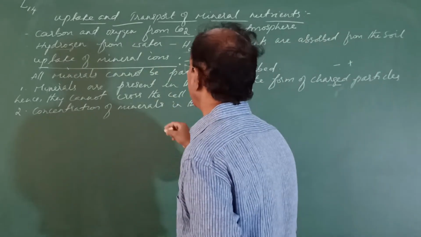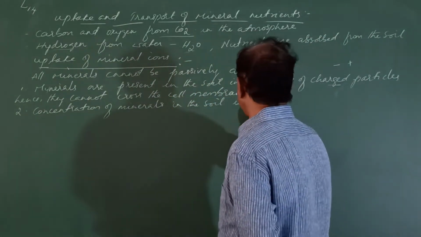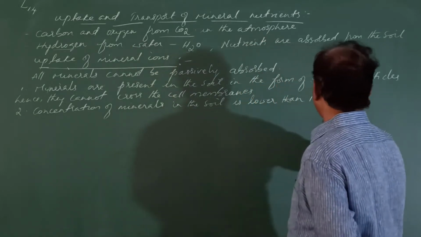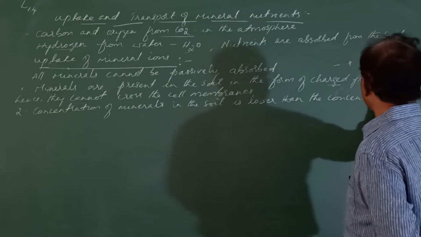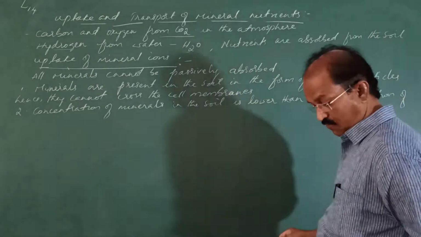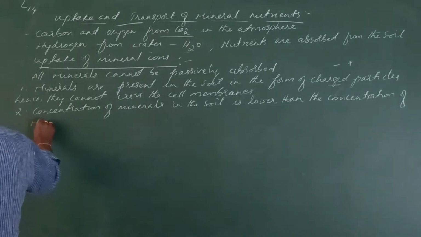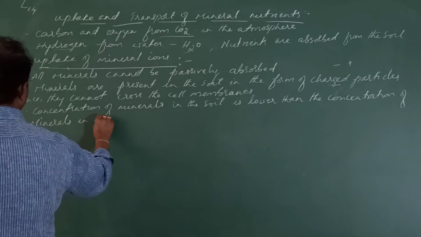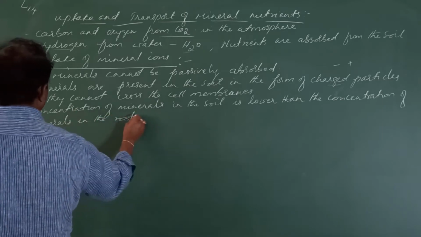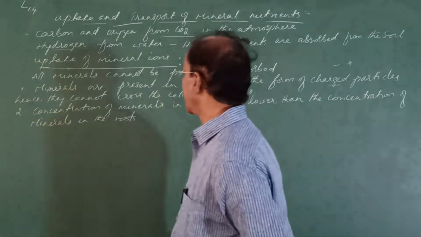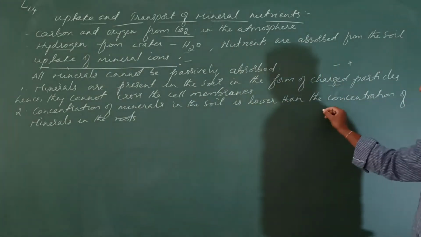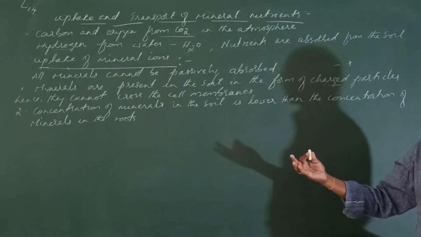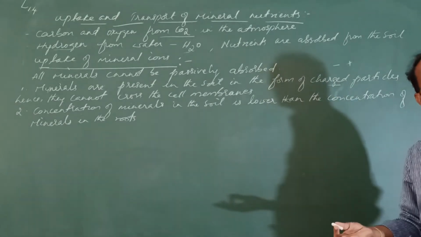So that means the roots have more mineral ions than the soil. Then how does passive absorption occur?